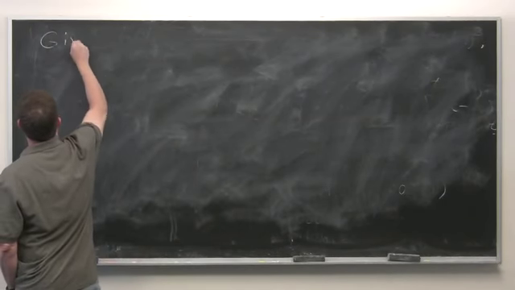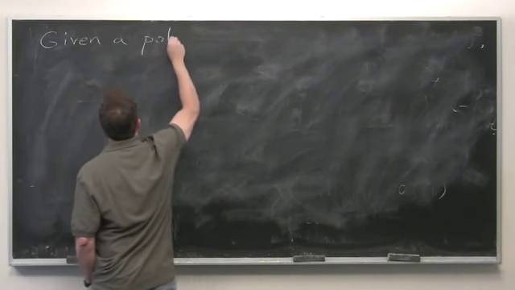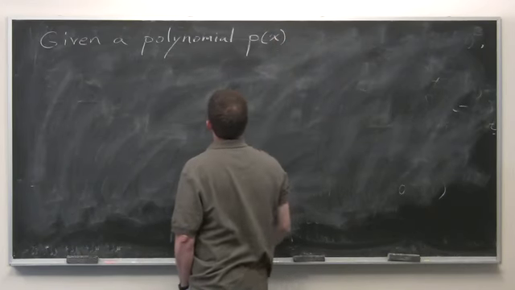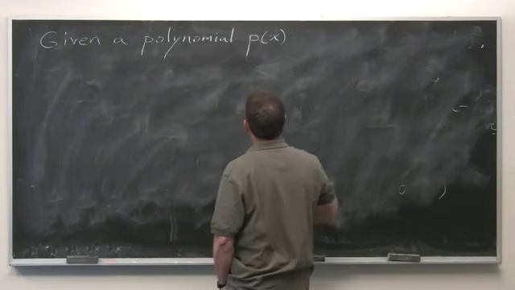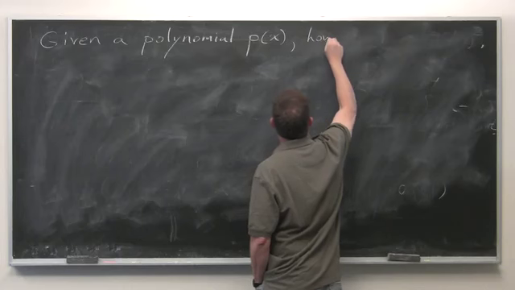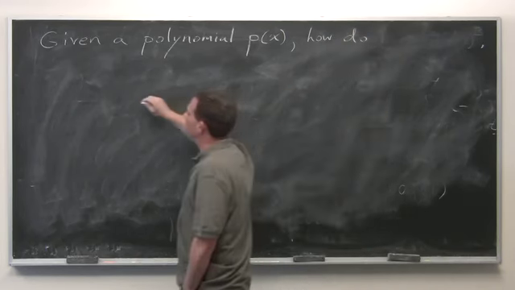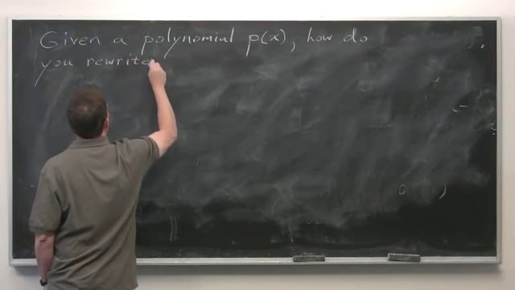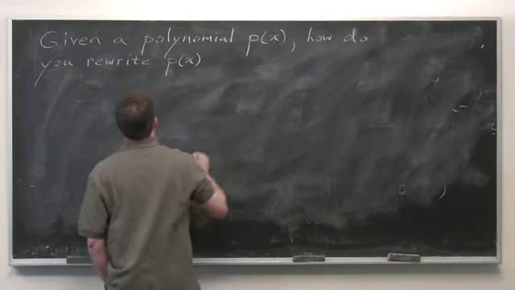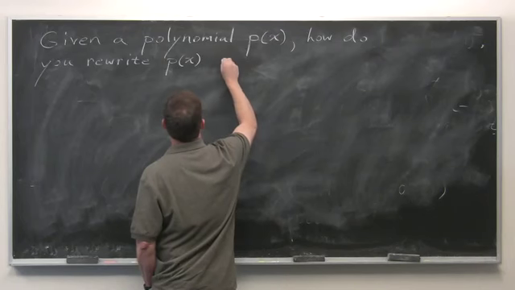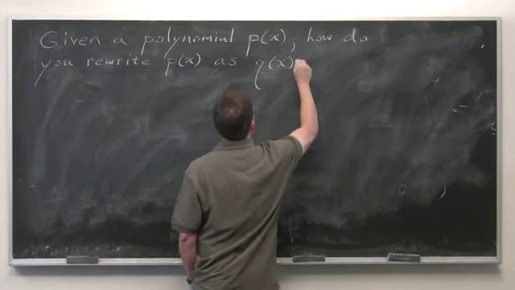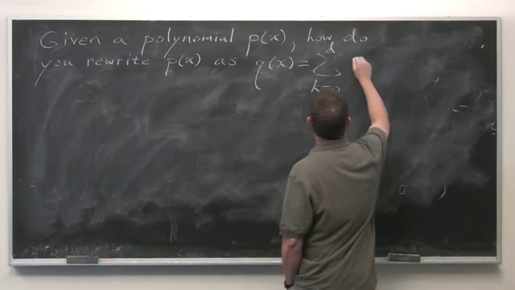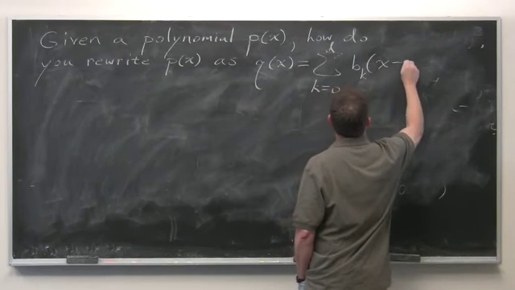Given a polynomial function, p of x, so given a polynomial, p of x, how do you rewrite p of x as q of x equals the sum as k goes from 0 to d of bk times (x minus a) to the k.